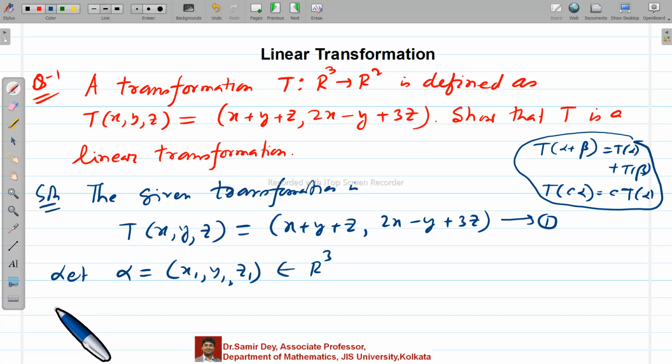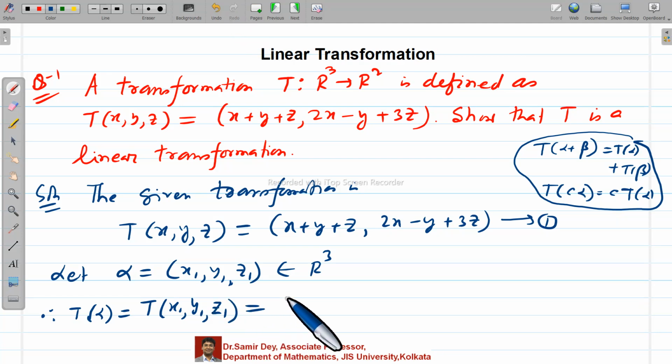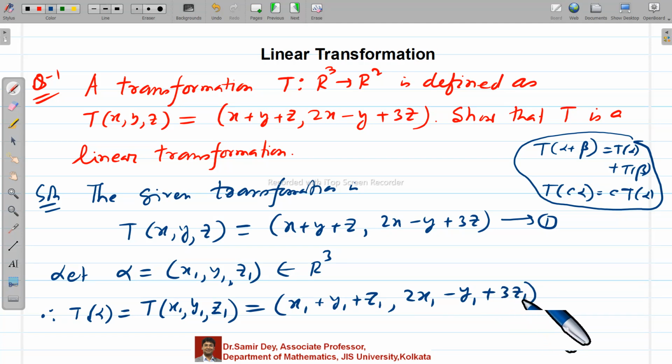So you may write, therefore, T(α) = T(x1, y1, z1) = (x1 + y1 + z1, 2x1 − y1 + 3z1). Now this is equation number 2. Clear?